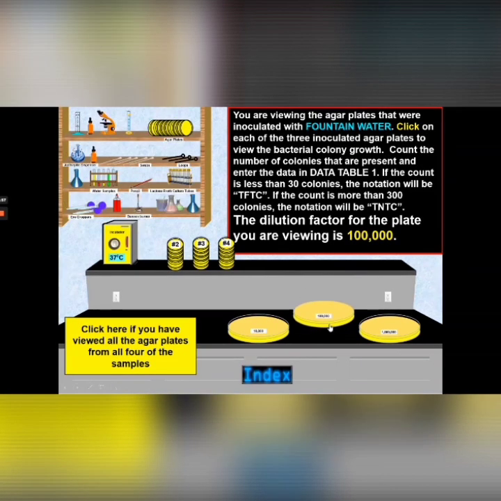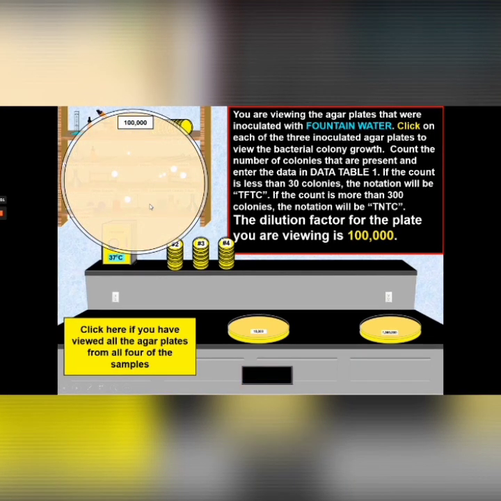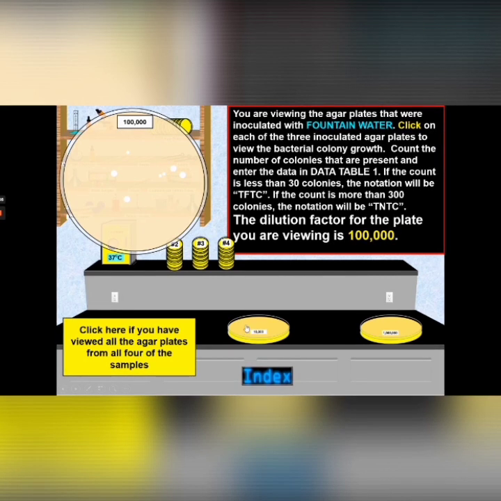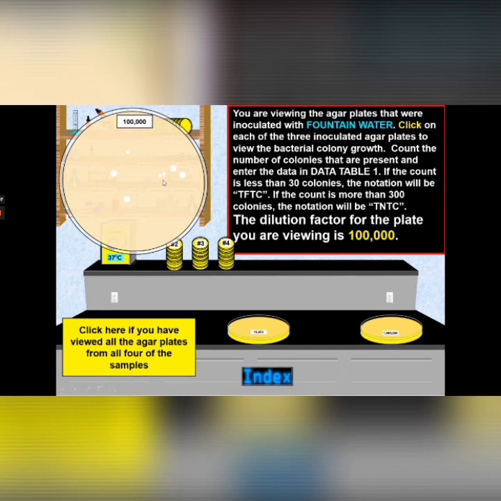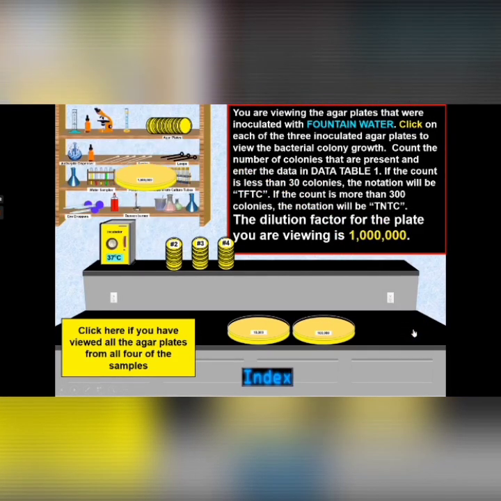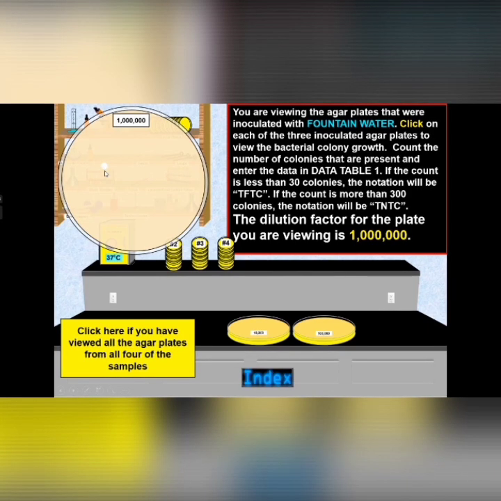And this is the dilution factor 100,000. There are only a few. You see here it is decreasing. Here there are more, here it is less. So it's decreasing. Here we can only see one colony.